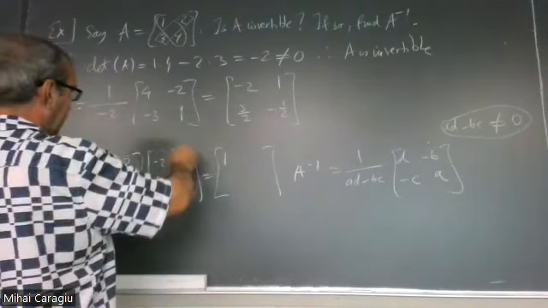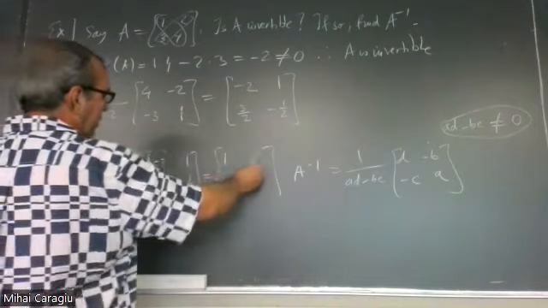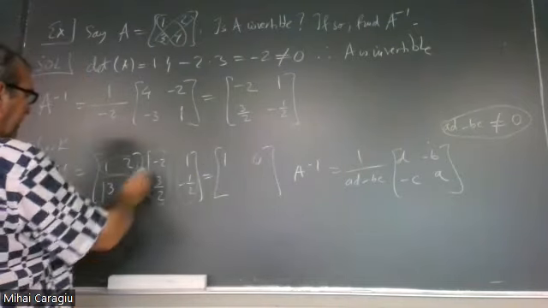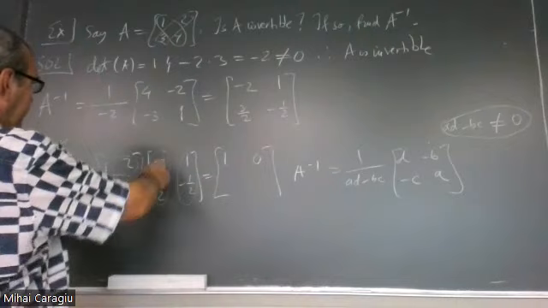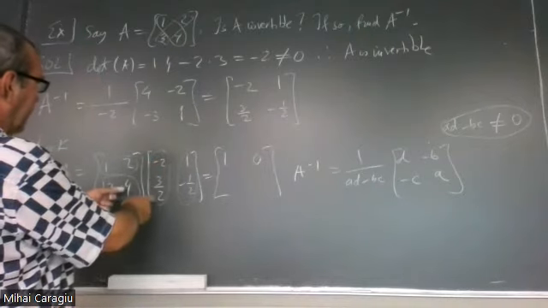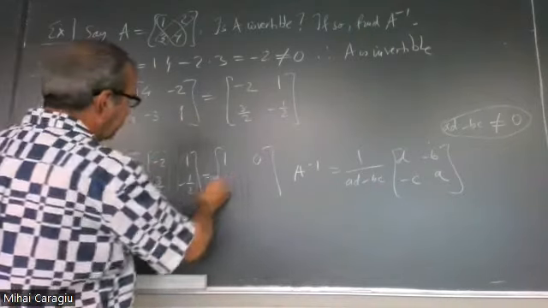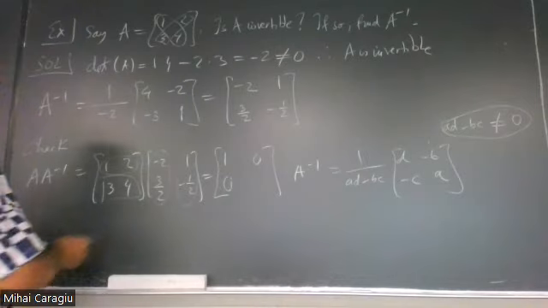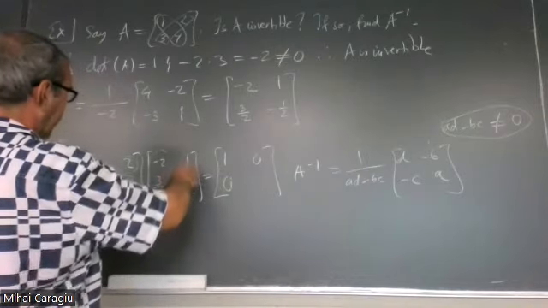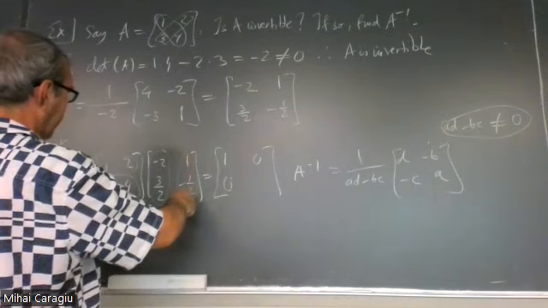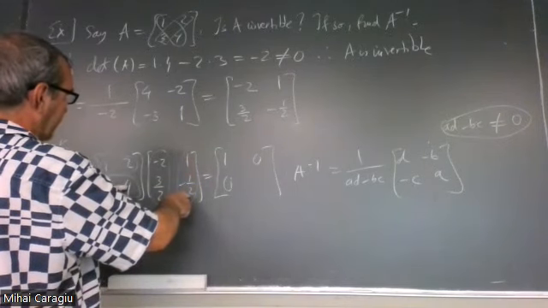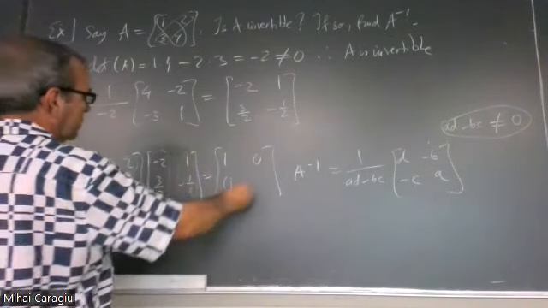Second entry: 1 minus 1 is 0. Next row, first entry: minus 6 plus 4 times 3/2, which is 6, so minus 6 plus 6 is 0. And finally, the last entry: 3 minus 2, 4 times minus 1/2 is minus 2, so we get 3 minus 2, which is 1.